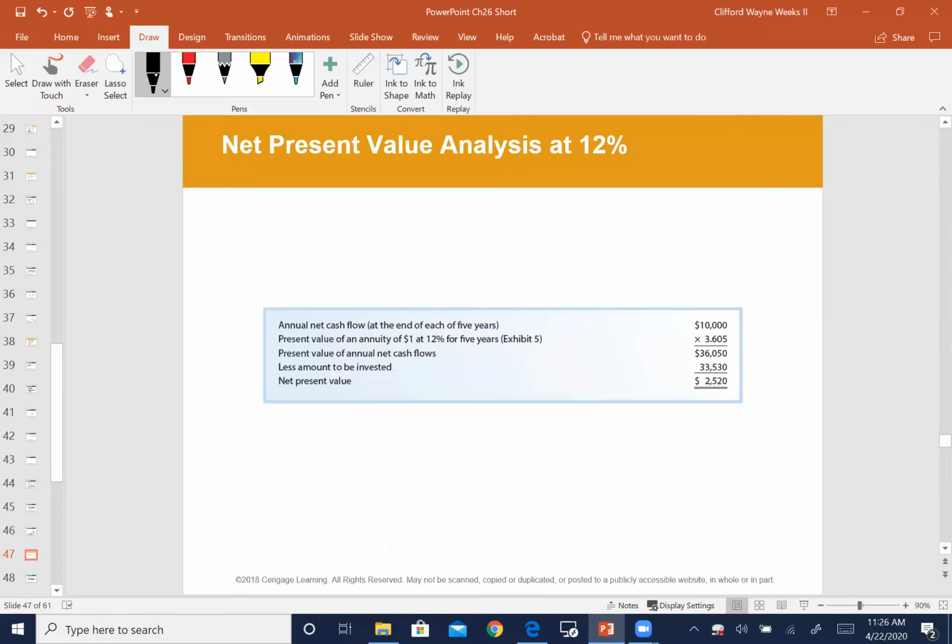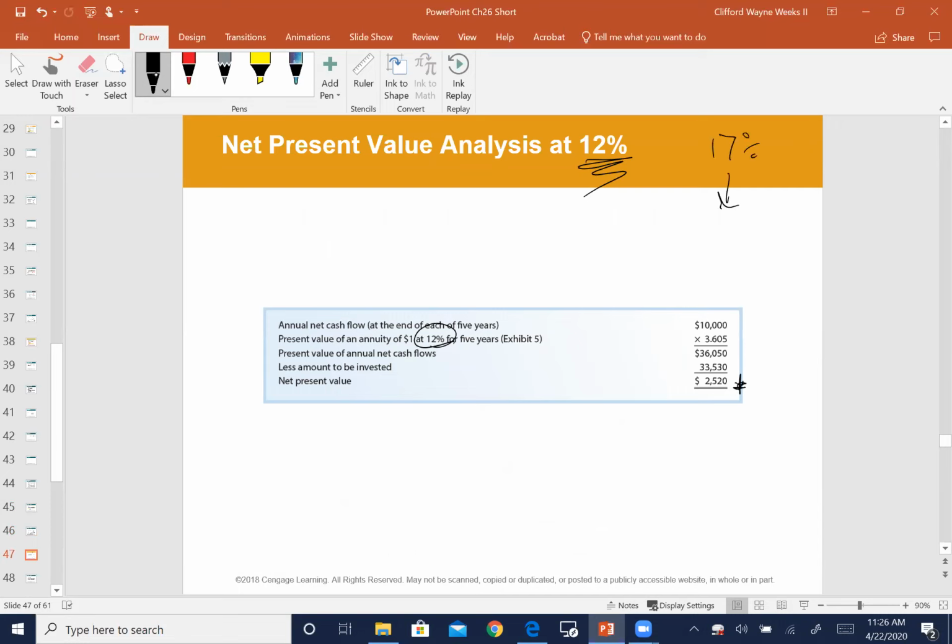But let's walk it through here. Using the 12%, you came up with a positive 2,520, so you know that it's paying more than 12%. That's when you try maybe 17.